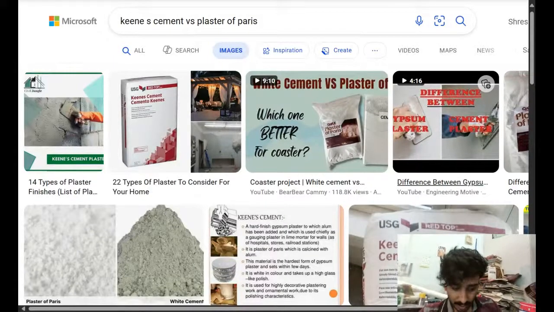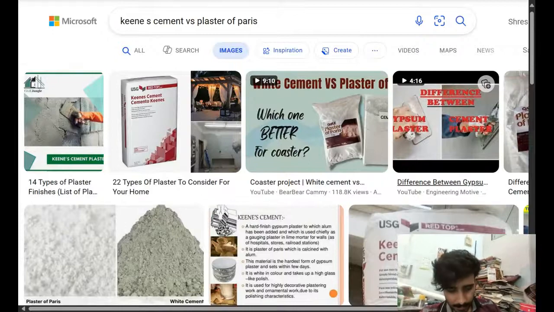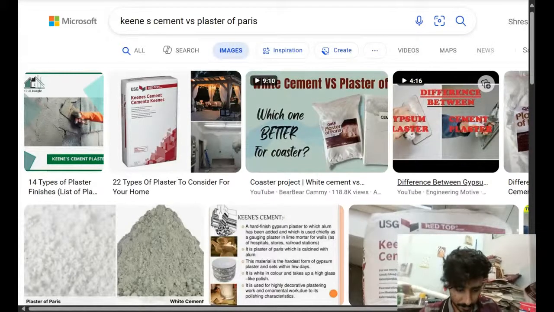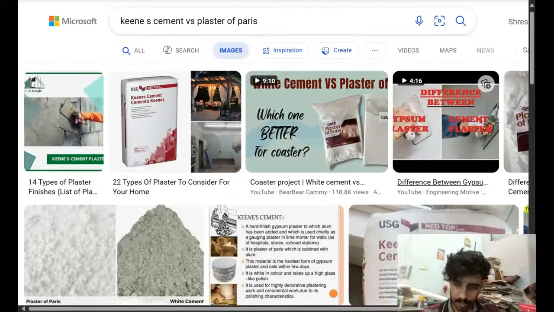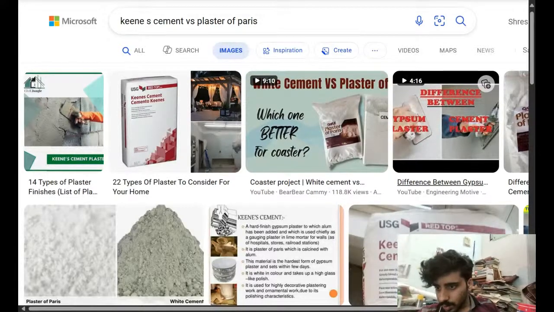Alternate names. So maybe what if white cement is Keen's cement? Is Keen's cement still used? Okay, so it is still used.